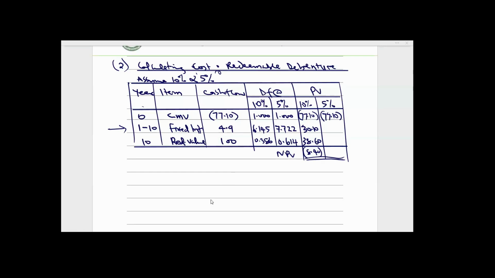You're welcome. So let's multiply 4.9 multiplied by 7.722 quickly, our time is flying. 37.84. Yes, this one will then be 61.4.